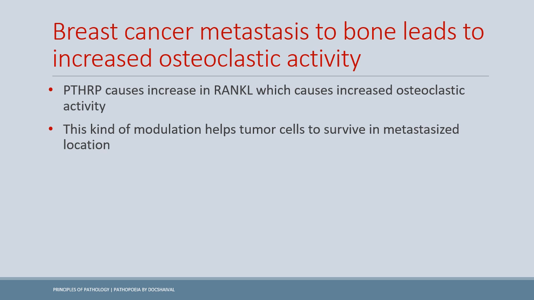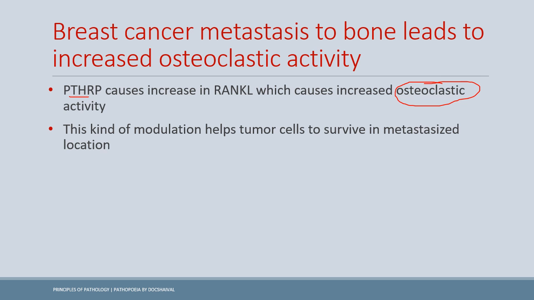Now, one example of tropism may also be that the breast cancer cells, those that arrive at the bone, may themselves make the environment more suitable for their survival. And how they do this is by secreting PTHrP, that is the parathyroid hormone related protein. So it mimics the activity of the parathyroid hormone, and what you can imagine is that it will increase the calcium concentration, and to increase the calcium concentration of the blood, it should increase osteoclastic activity.